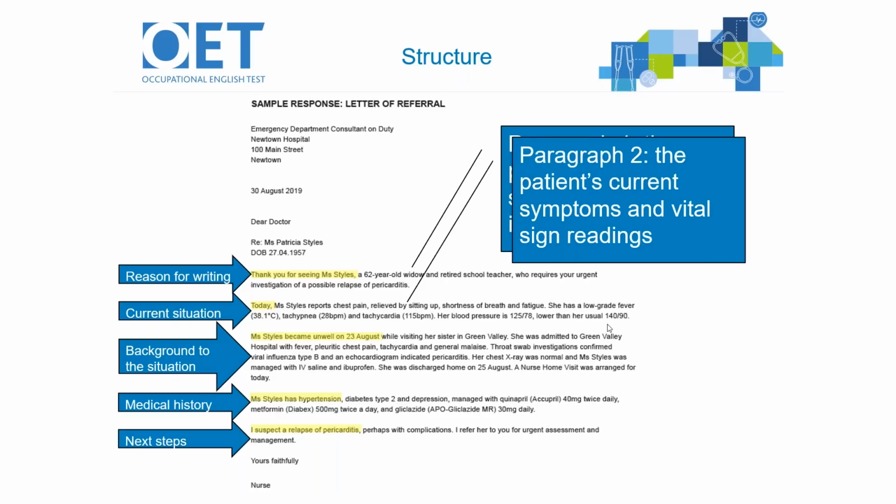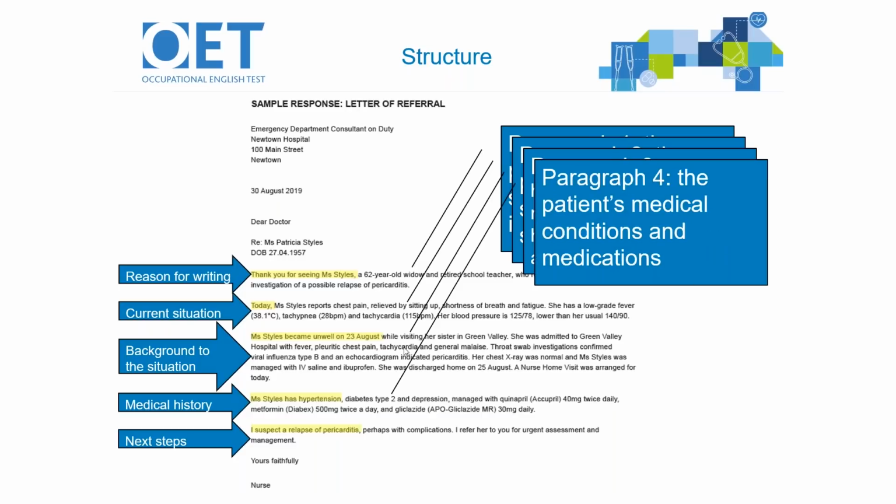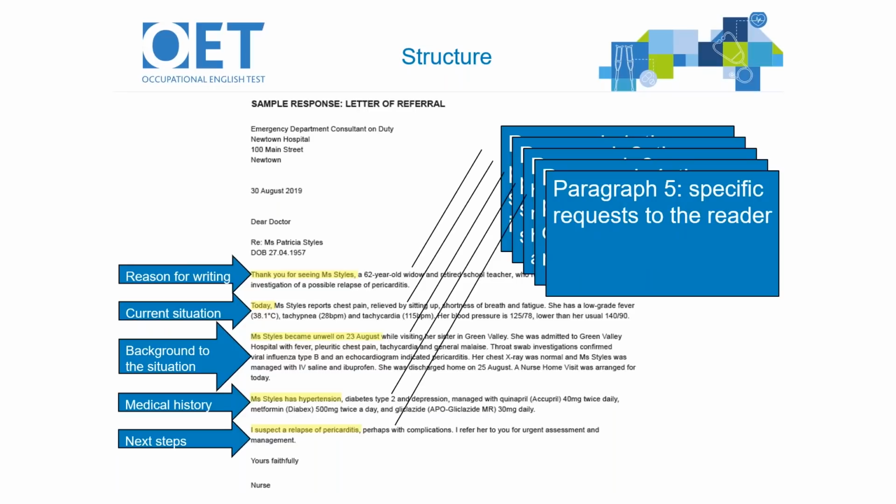In paragraph 3, we have details of the patient's previous admission to hospital, the means and diagnosis of her condition at that time, as well as management and discharge arrangements. In paragraph 4, we have the patient's medical conditions and medications. And finally, in paragraph 5, we have the specific request to the reader.